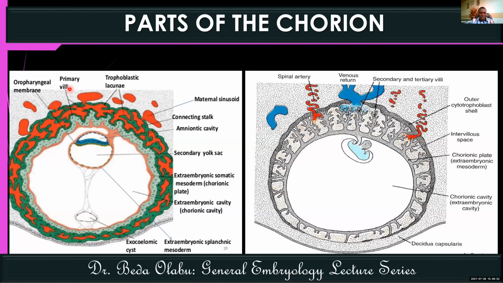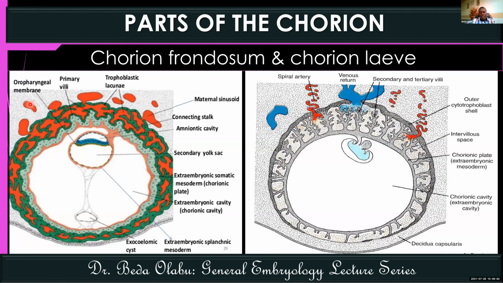There's a part of the chorion that has prominent villi. We call it villus chorion. The other name given to the villus chorion is chorion frondosum. The term frondosum means bushy or villus. So this is the bushy or the villus chorion.